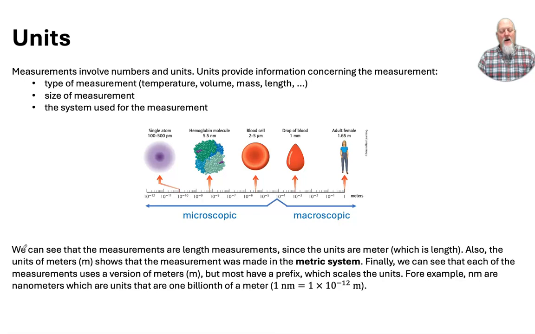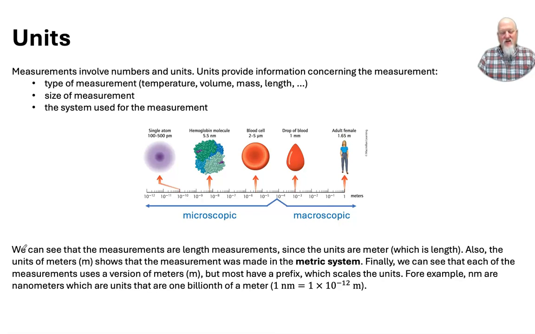Okay. On the little table here, we can see a series of length measurements, or size measurements, that are distances, and they go from a human size to something small like a blood cell, where the human units are meters. Meters are units of length, and a drop of blood is 1 millimeter in diameter.